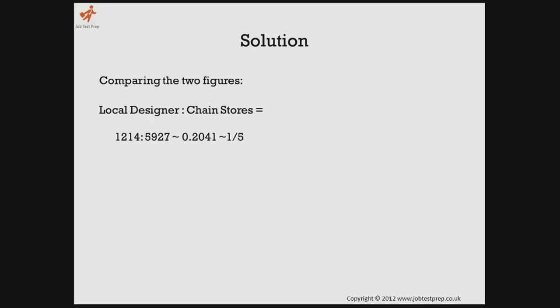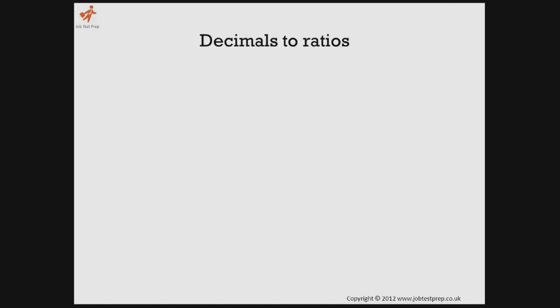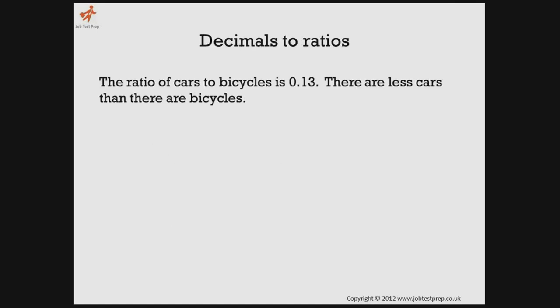In order to answer this question, we need to make a comparison of these two figures. If we divide 5,927 by 1,241, we get 4.88, which can be rounded up to 5. So the approximate ratio of local designers to chain stores is 1 to 5. That is, for every local designer, there are approximately 5 chain stores.